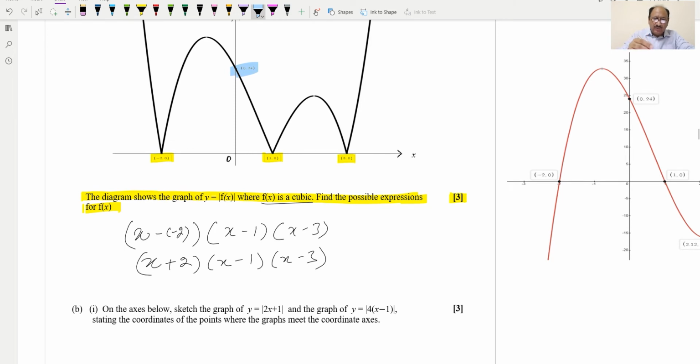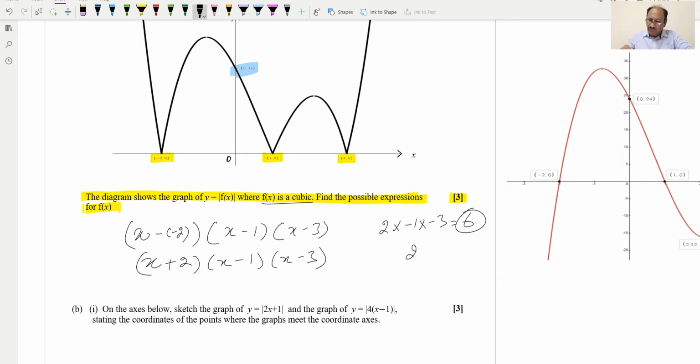But if we check, if we multiply 2 into minus 1 into minus 3, we will get 3 into 2 which is 6, so we are getting 6, but we need 24.